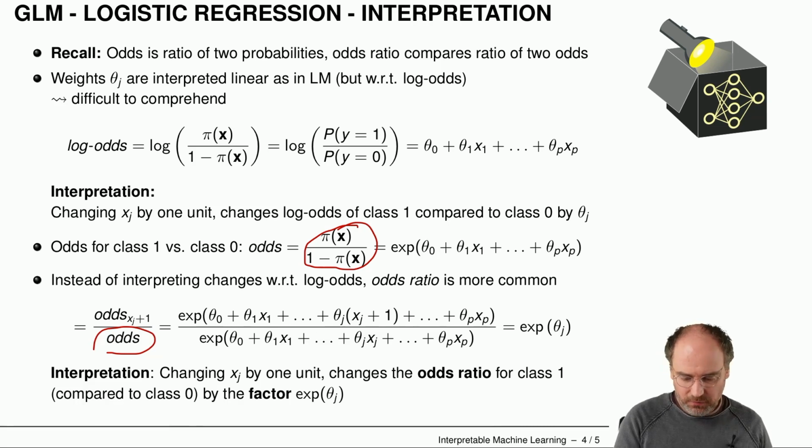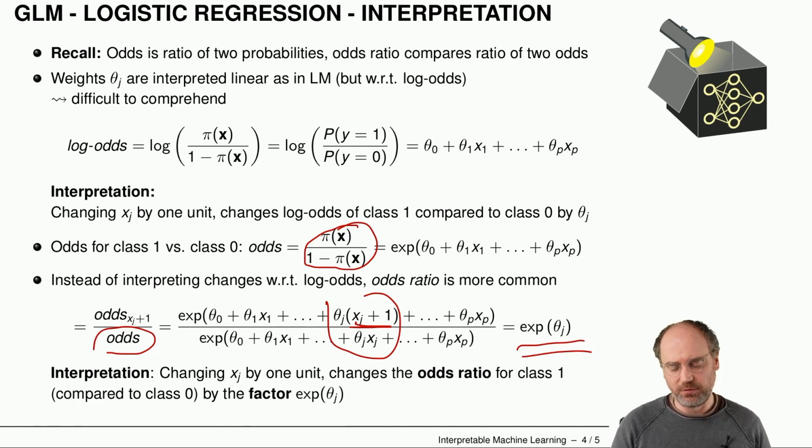If we divide this exp of the linear term, where we have increased xj by 1 point, by the original odds, nearly everything cancels out except for this part, and we see that the result is simply exp of theta j.